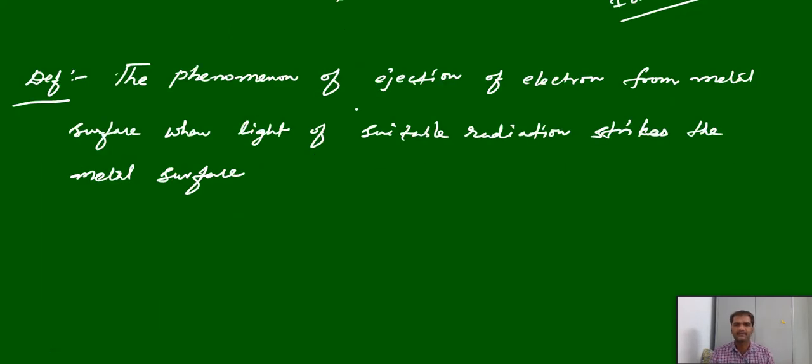So this phenomenon, the ejection of electrons from a metal surface when light of suitable radiation or suitable frequency strikes the metal surface, is called the photoelectric effect.